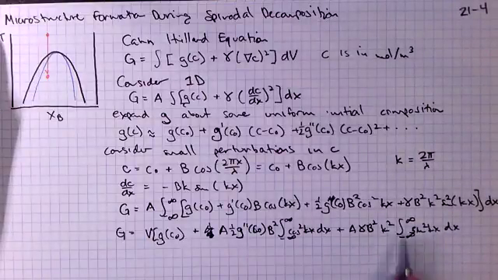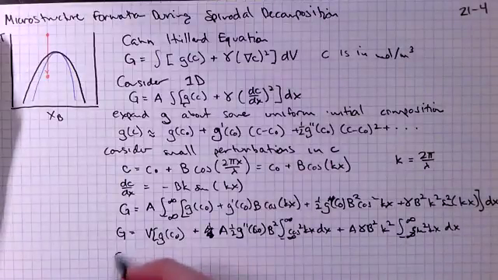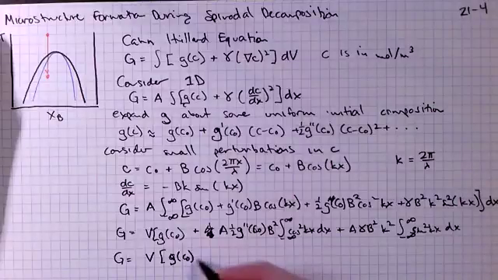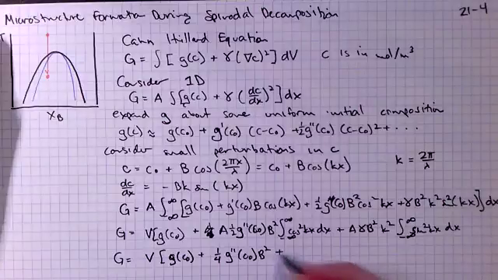And each of these gives us a contribution of half x, so we get G is equal to V times G at C0 plus 1/4 G'' of C0 times B squared plus gamma B squared over 2 k squared.